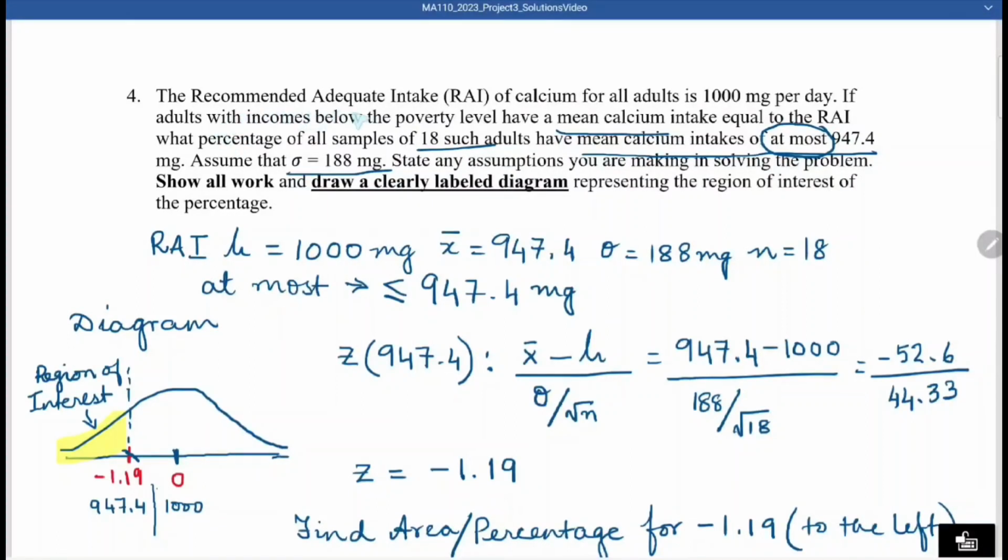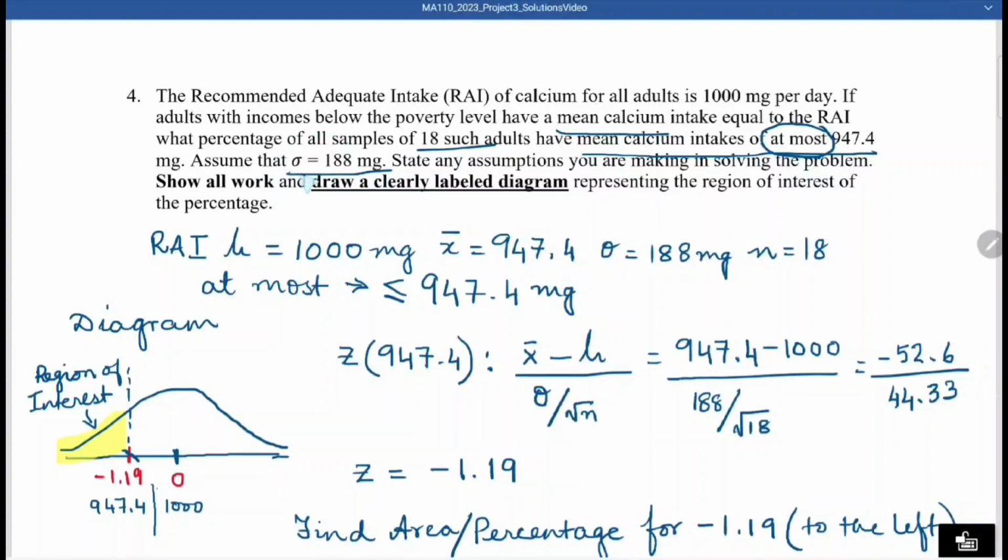It says the recommended adequate intake, RAI, of calcium for all adults is 1000 milligrams per day. If adults with incomes below the poverty level have a mean calcium intake equal to the RAI, what percentage of all samples of 18 such adults have mean calcium intakes of at most 947.4 milligrams?